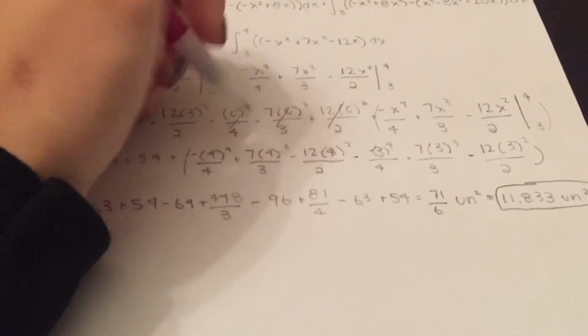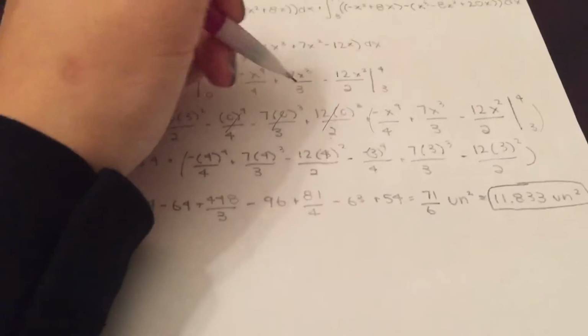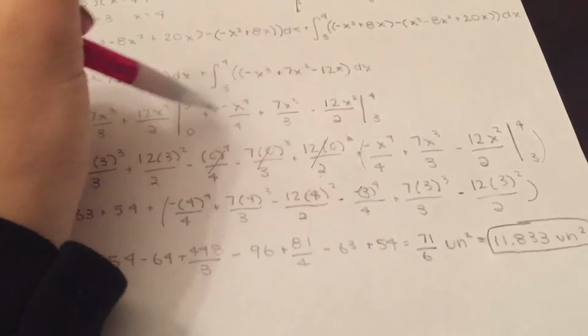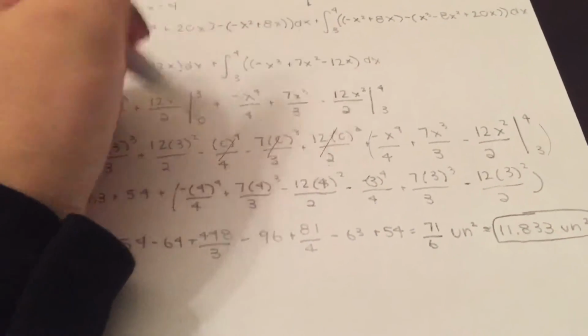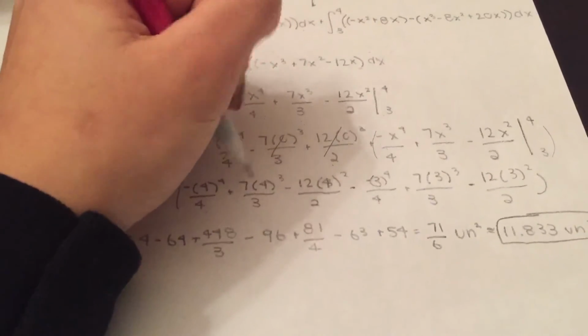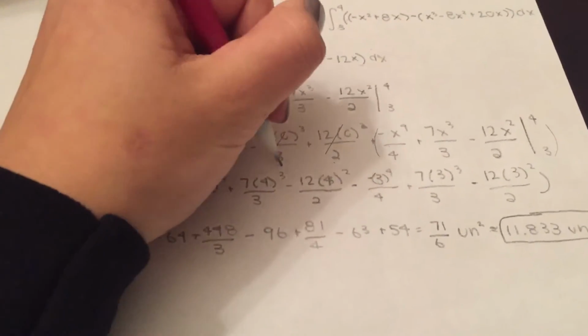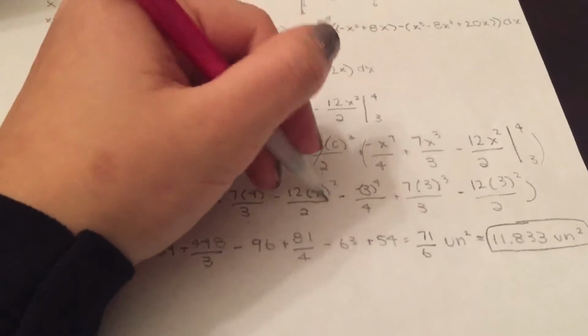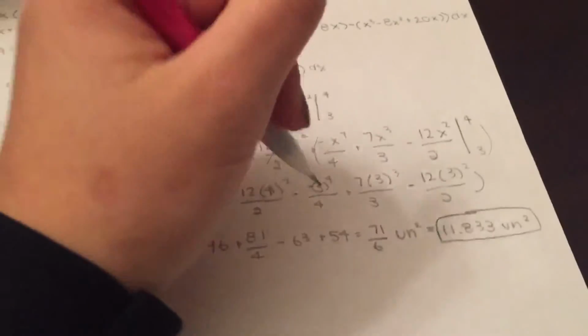Then you add the second part, so we're plugging in the upper boundary of 4 into this set of equations. So it becomes negative 4 to the 4th over 4 plus 7 times 4 cubed over 3 minus 12 times 4 squared over 2.